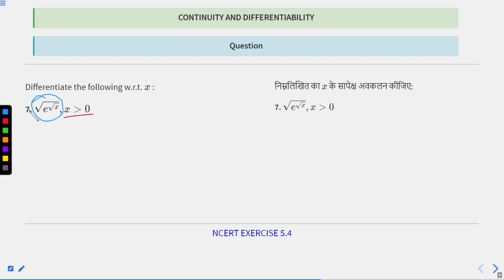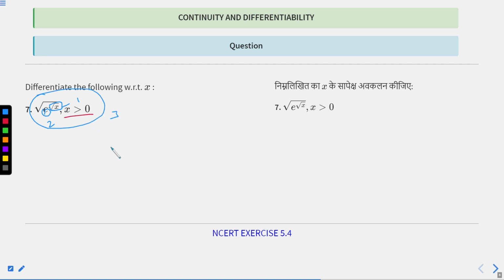Now the derivative of this is very simple. How are you going to find it? We give numbers. The innermost root thing will be your 1, this will be your 2, and the outermost root will be your 3.